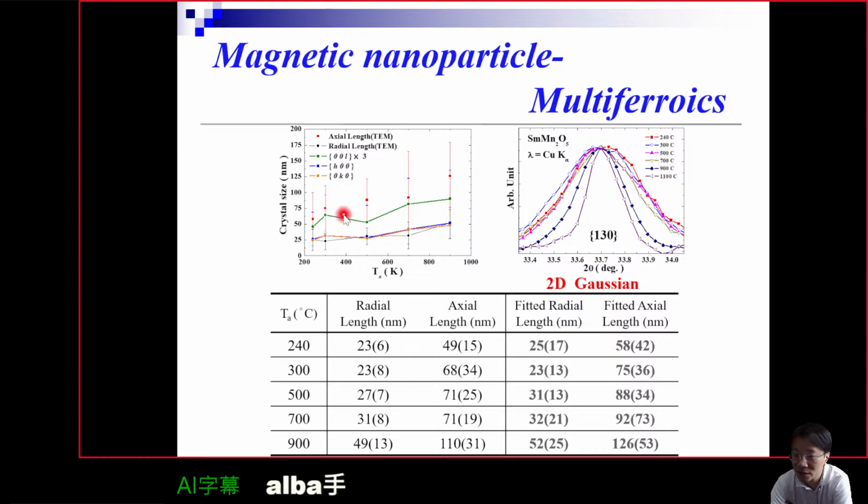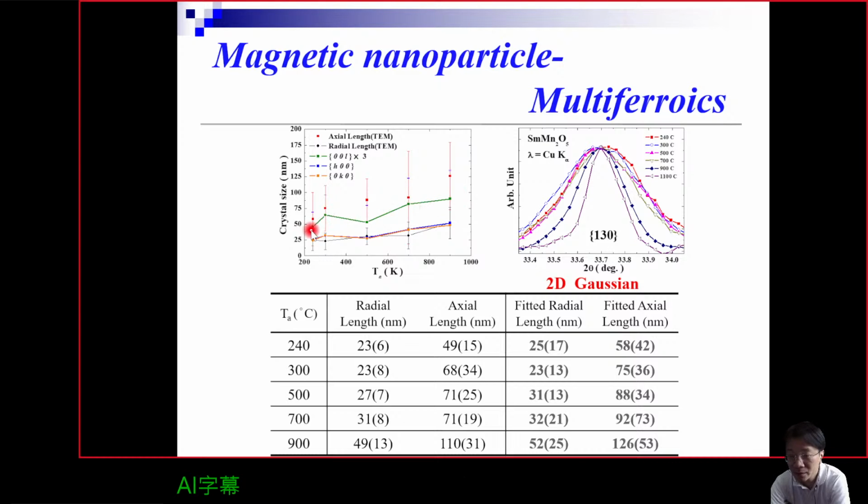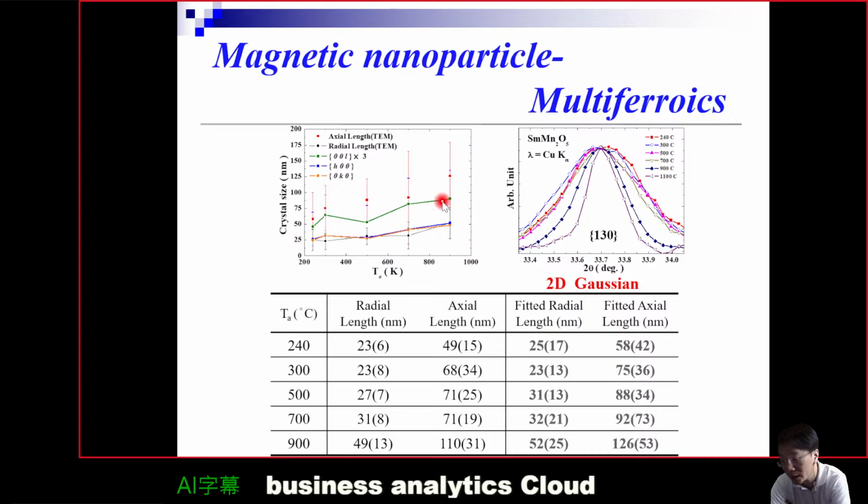That means along the C-axis, although it looks longer than the size along the A and B axes, actually it would be combined by many particles. And when we multiply by 3 along the C-axis, we found the result from the X-ray is very close to the TEM.